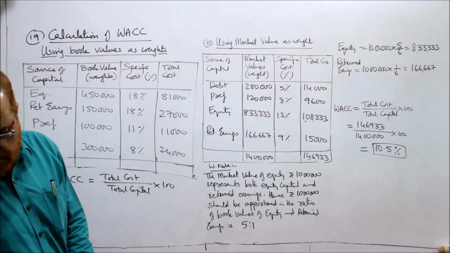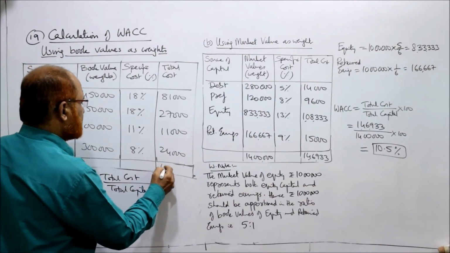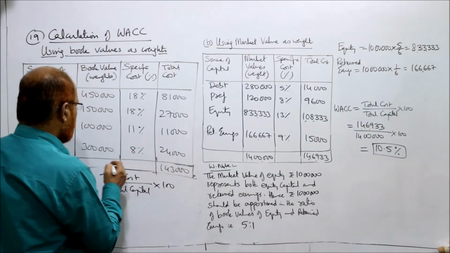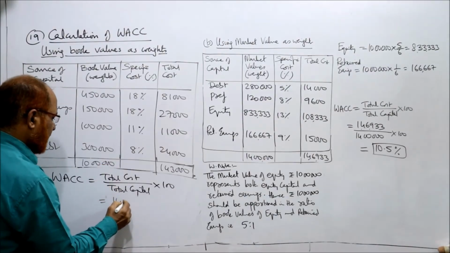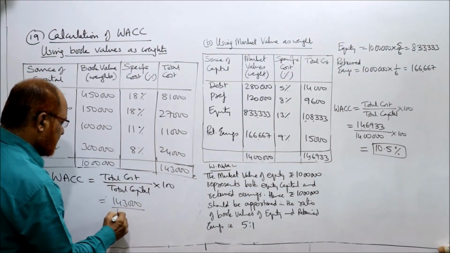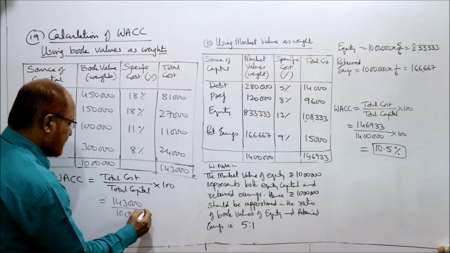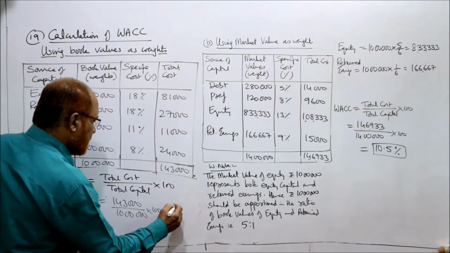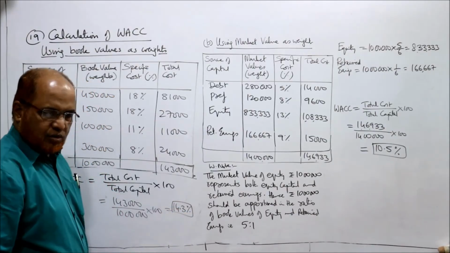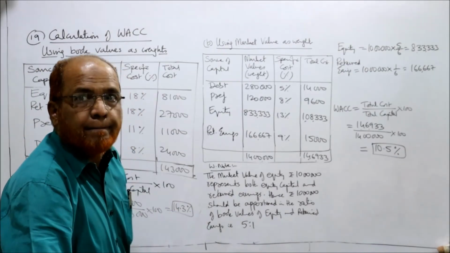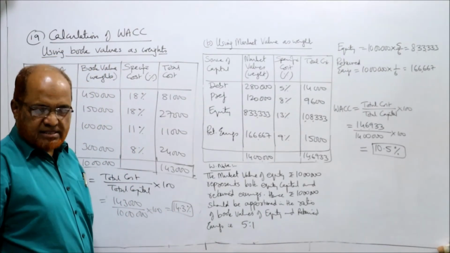The total is 1,43,000. Here it is 10 lakh. So 1,43,000 divided by 10 lakhs, 14.3%. This is the WACC.